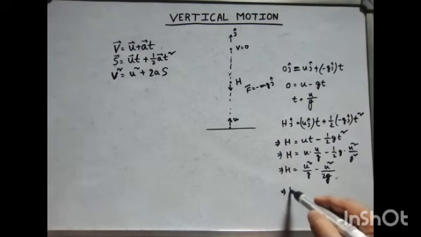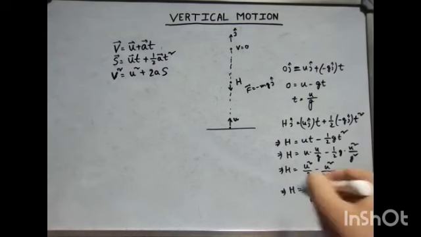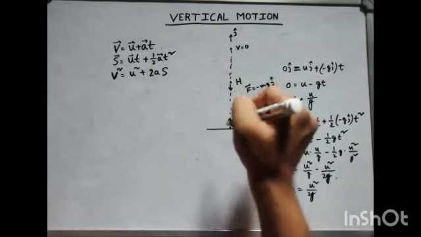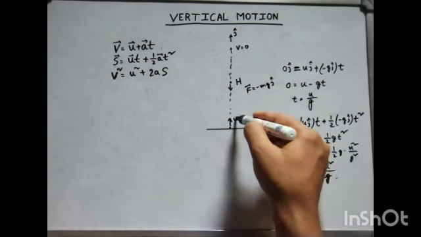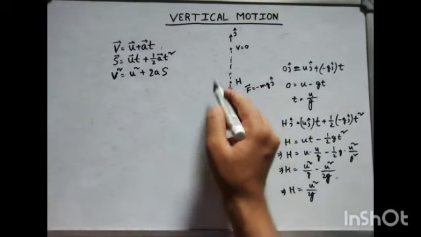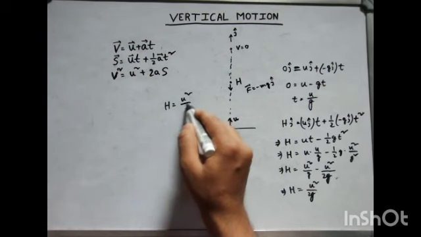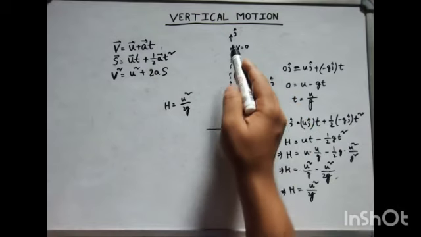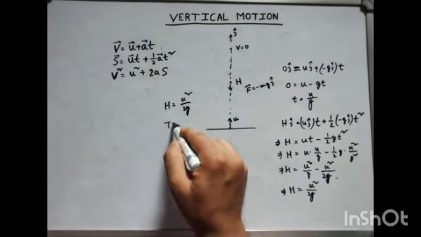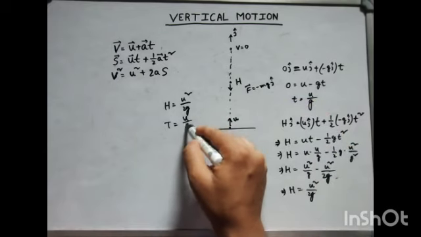So that means h will be equal to u square by 2g. So if I throw a ball vertically upwards with initial speed u, the height it will reach is h equal to u square by 2g, and the time it will take to reach the upmost point, say capital T, will be u by g.